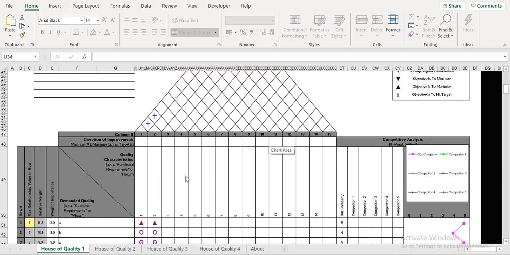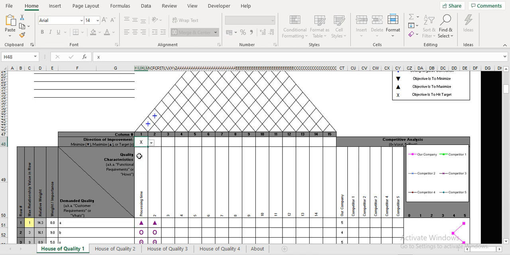When we include these values, we will be having a direction of improvement. When we give some functional requirement, maybe increasing speed, like processing time, so processing time should be increased or maximized, or on target. What is on target?